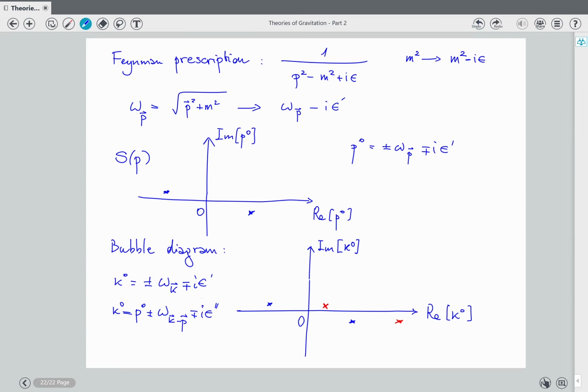And so when you take those epsilons to 0, the poles move to the real axis. What happens then?